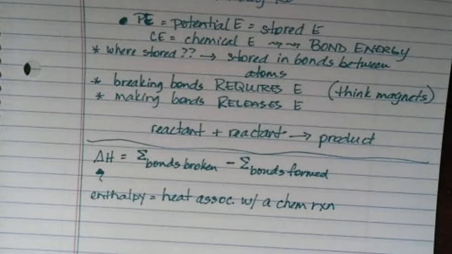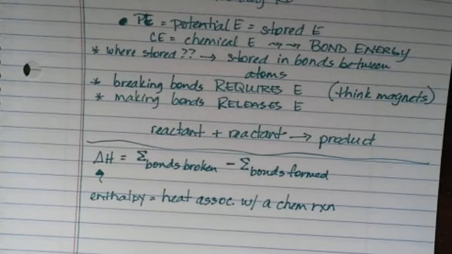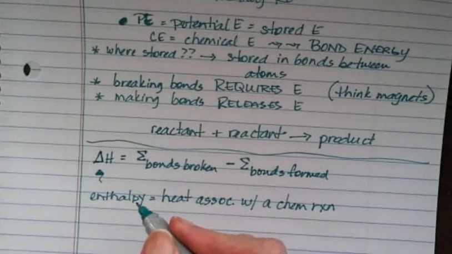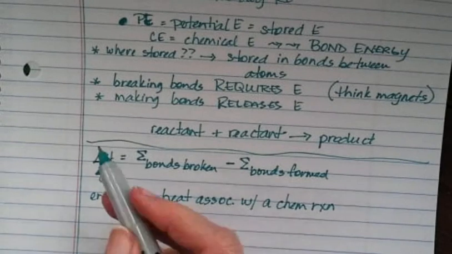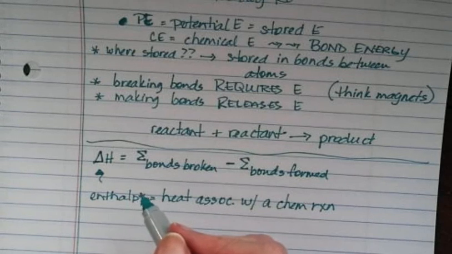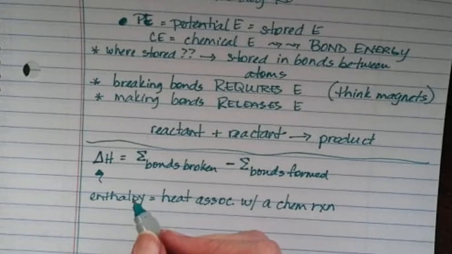Okay, so when we talk about energy with a chemical reaction, in the big picture, we can talk about it being thermochemistry or thermal energy, things like that. But really what we discuss it as is enthalpy. So we want to talk about the change, delta. We've had that little symbol before, delta, the change in temperature. So the change in enthalpy. How do we know? Is energy going to be taken in by this reaction, or is energy going to be given off by this reaction? And how much energy is going to be taken in or given off?